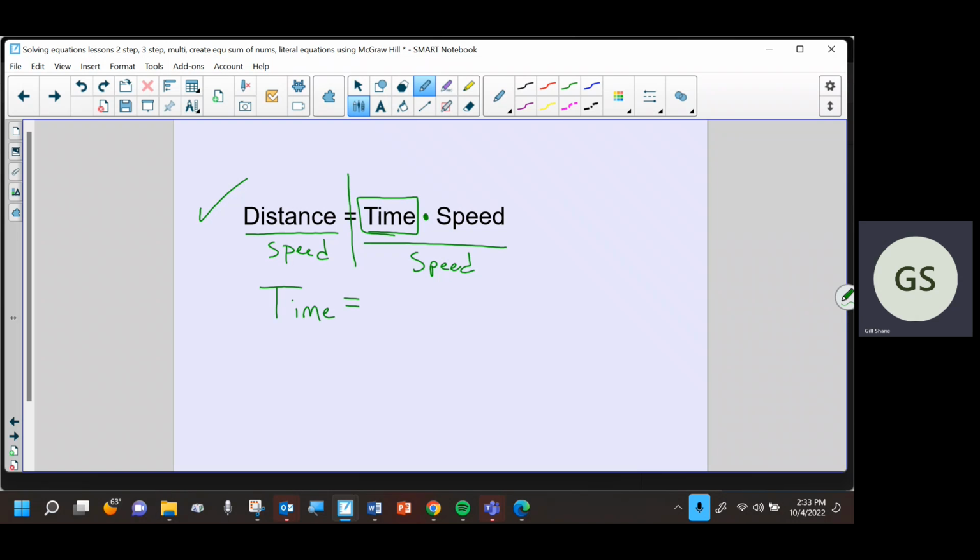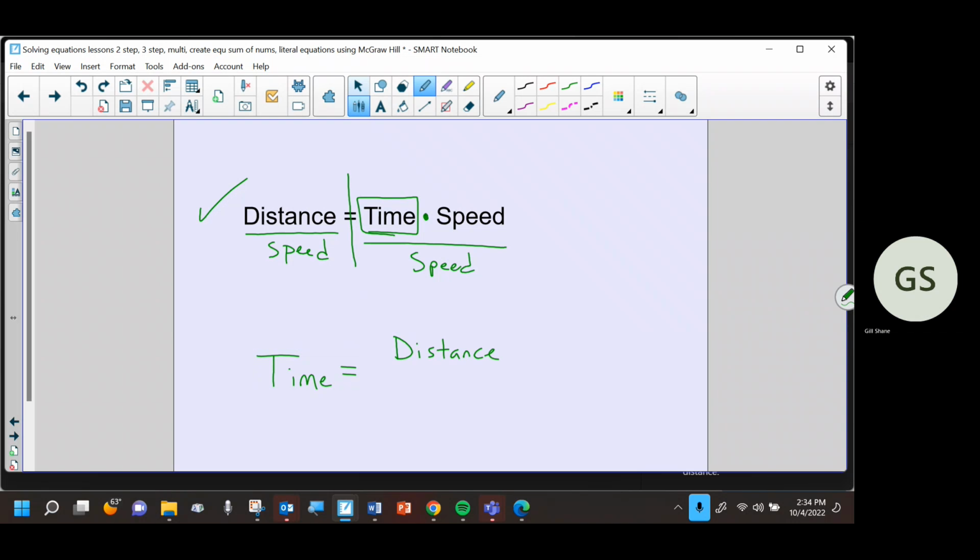So the formula for time, if you want to know how much time it's going to take you to get somewhere, the formula is just, and I'm going to move it a little bit. Why is my board doing this, just messed up today. So the formula for time then is the distance, how far you're going, divided by how fast you're going.